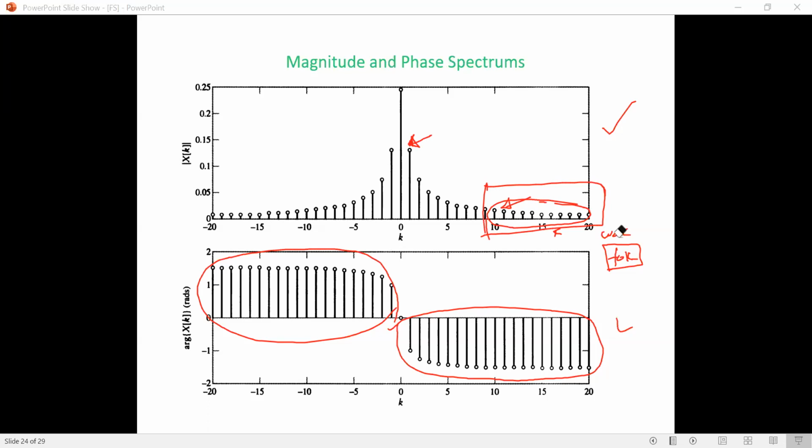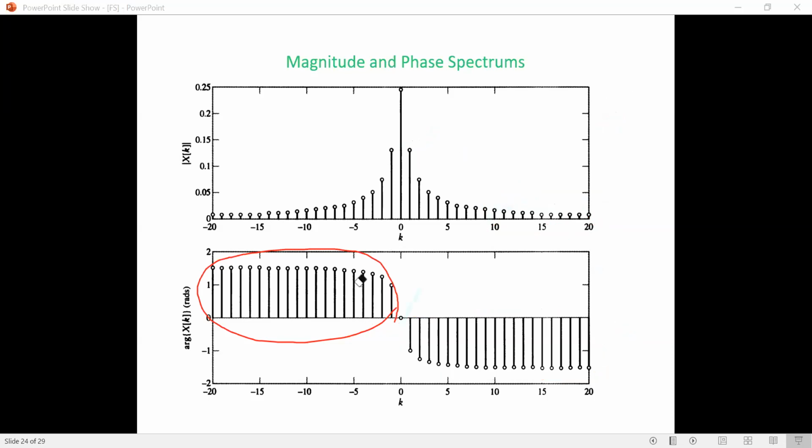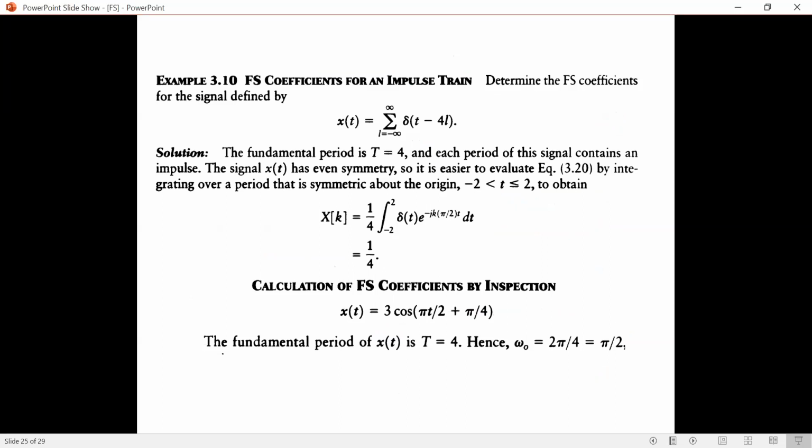There are some other perspectives in designing your discrete time system, and that will be the content of your higher order course that we call digital signal processing. Okay, a simple example is there, but you can pick some problems of this type from your book, and then you can practice how to calculate the Fourier constants and how to plot them.